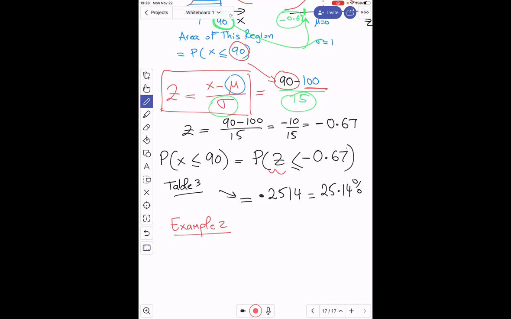Let's take the probability that x is larger or equal to 30, with mean mu equal to 20, and the standard deviation sigma is 3.4.